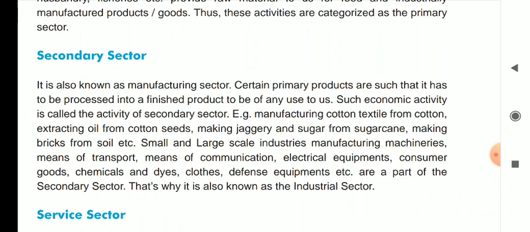These all things are part of the secondary sector. That's why it is also known as the industrial sector.